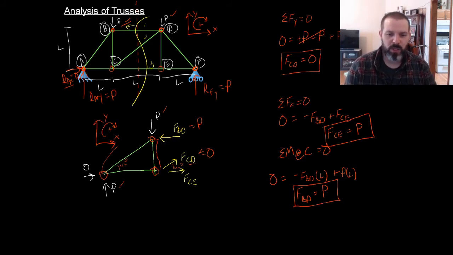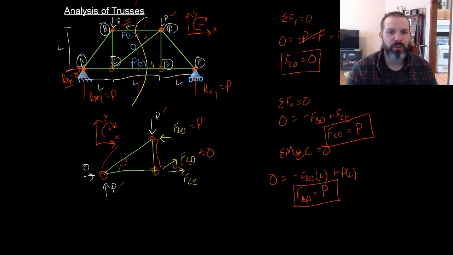When an arrow is pointing away from a joint like FCE, that is tension. So we know that in the bottom, FCE is in tension with a force of P. So we can say P in tension. At the top, we have P in compression. In the middle, we have 0 force because it's 0.